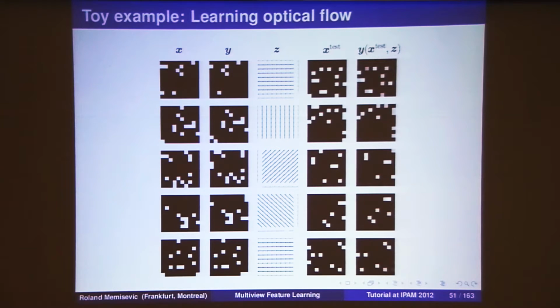Here's maybe a slightly more interesting visualization of what happens when you train this type of model. Assume your transformation class is shifts, just simple shifts in any random direction. What you see here is test data after we trained the model on shifts.